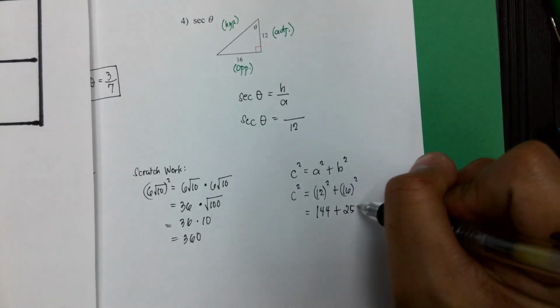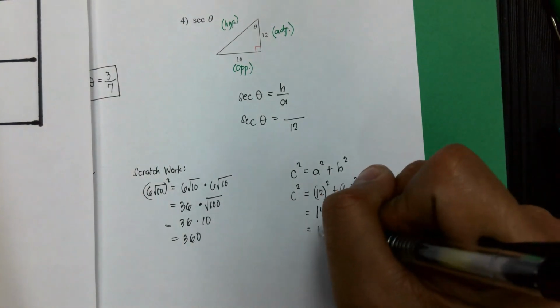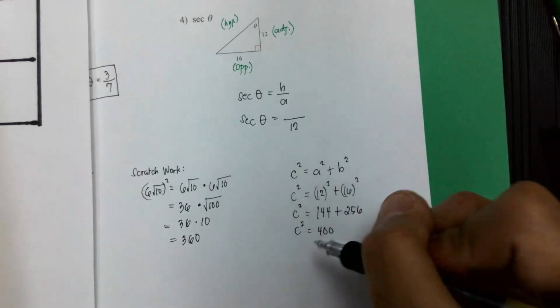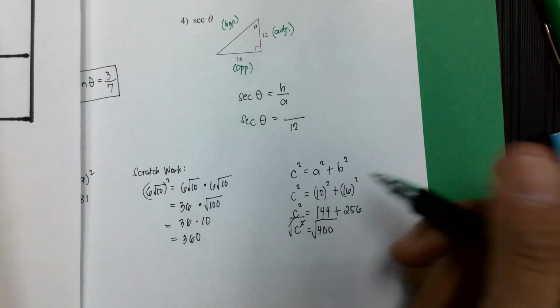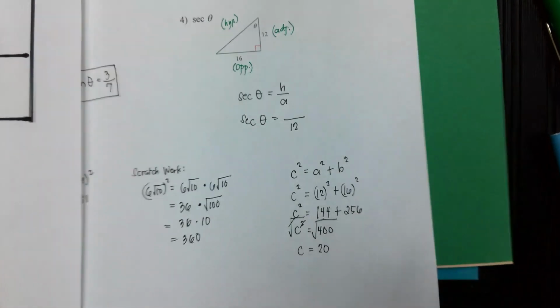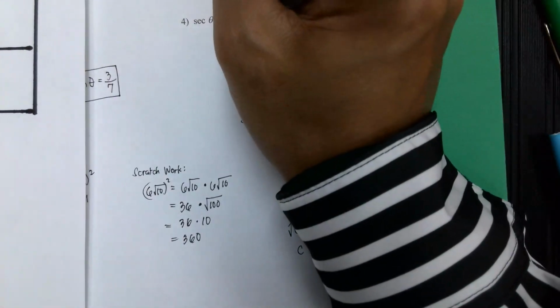Sixteen squared is 256. 144 plus 256 is 400. And so we can remove the exponent 2 by taking the square root of both sides, and C is equivalent to 20. And that gives us our hypotenuse of 20.